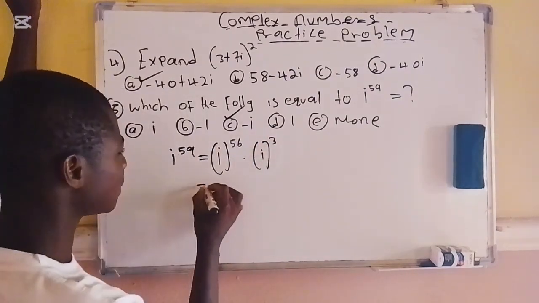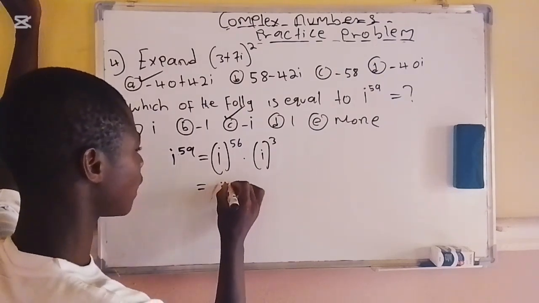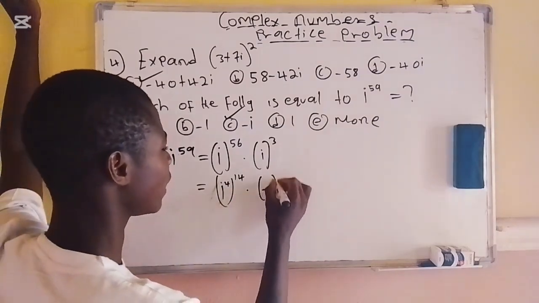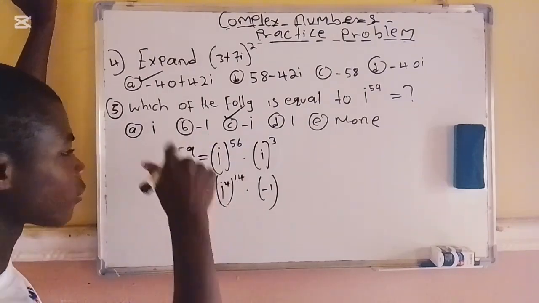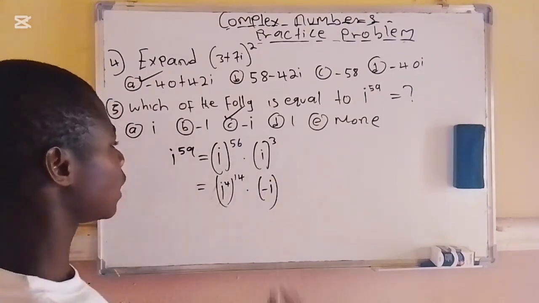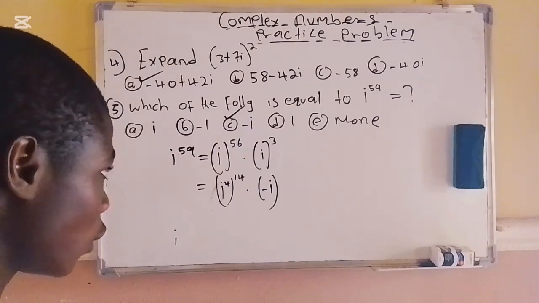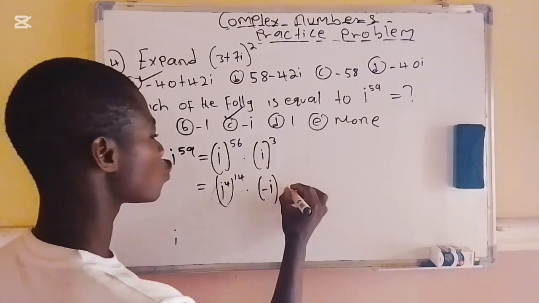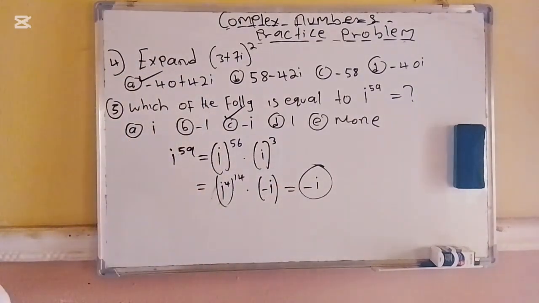It's the same thing as saying i to the power 4, raised to the power of 14, multiplied by negative i. i to the power 4 is the same thing as 1, so this is negative i. This is odd and this is even. So it will be equal to minus i.